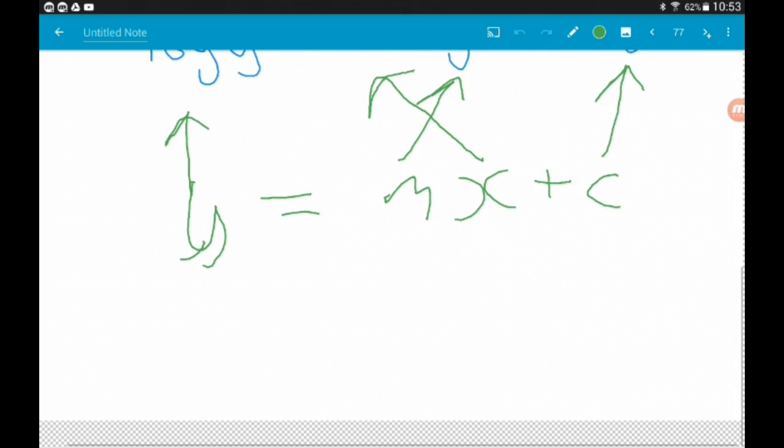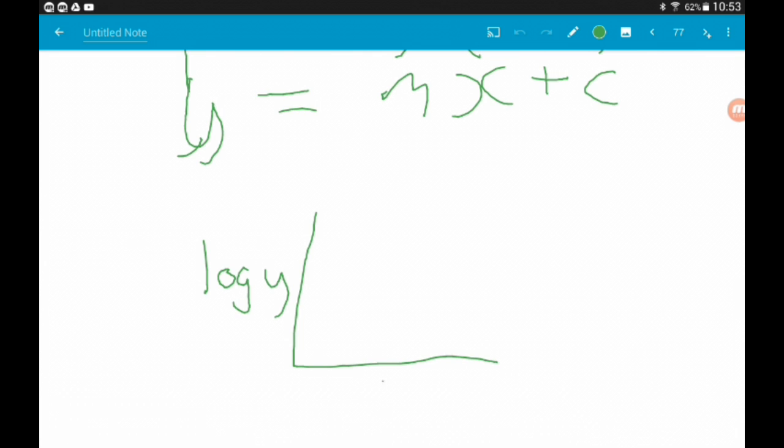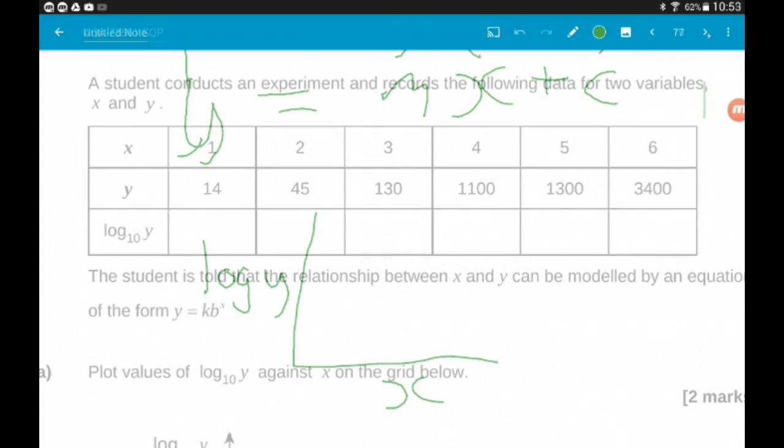So this time our axes are going to be log y, where y usually is, but just x going along the bottom. Okay, so now we're going to take a look at an exam question using this stuff.